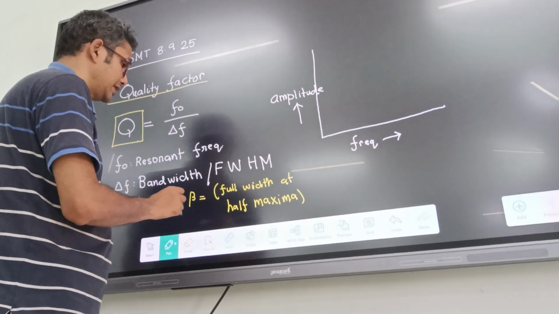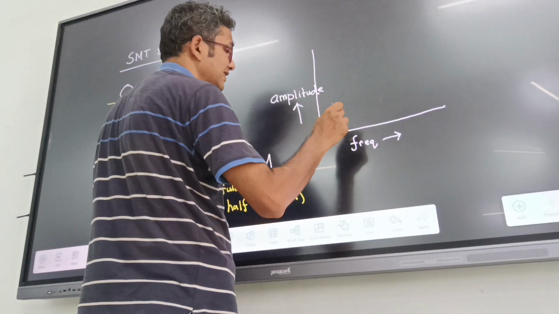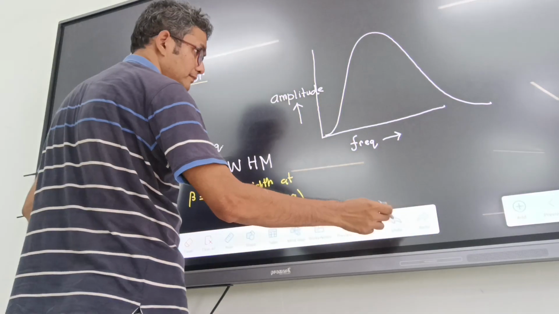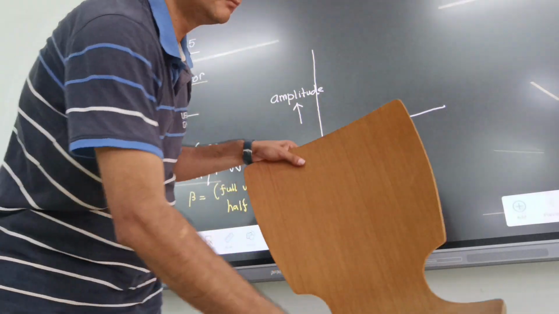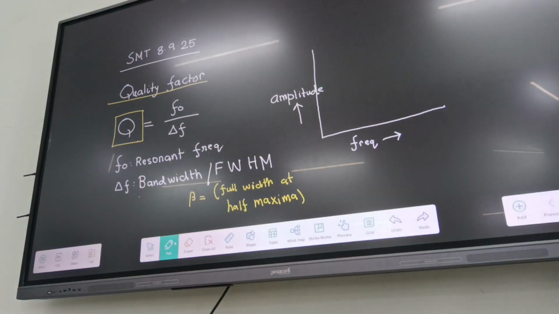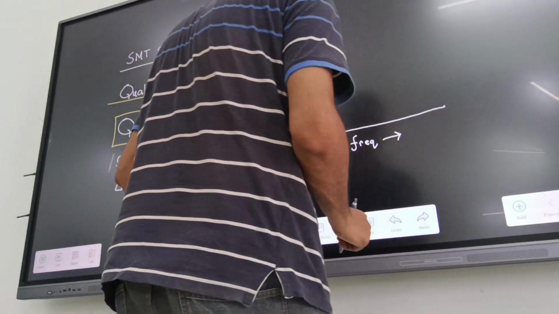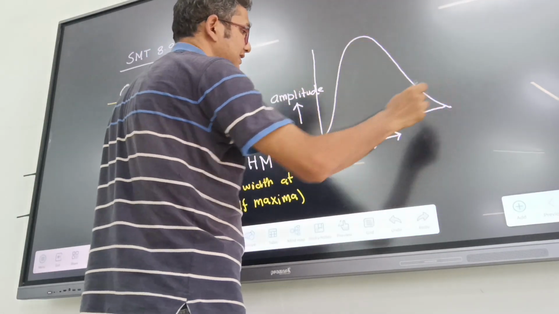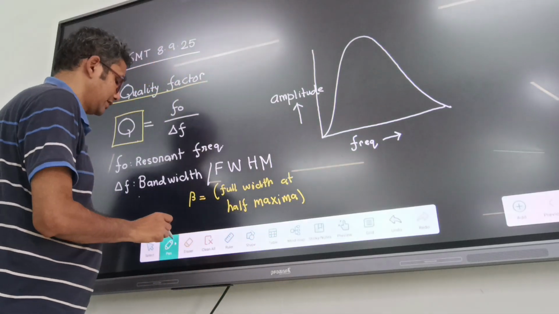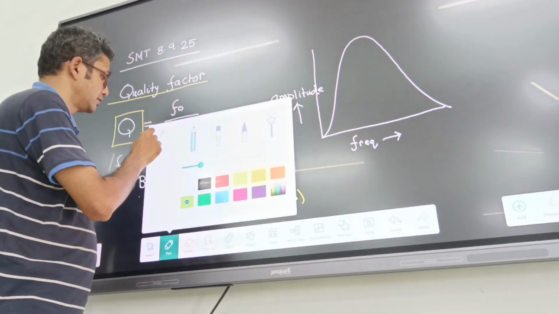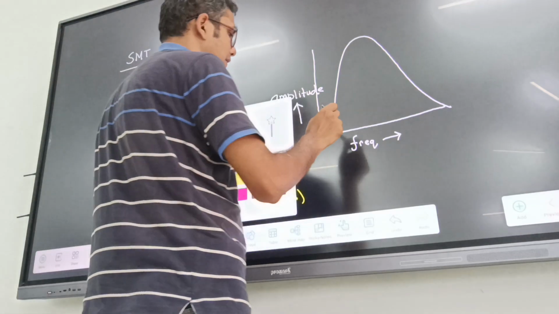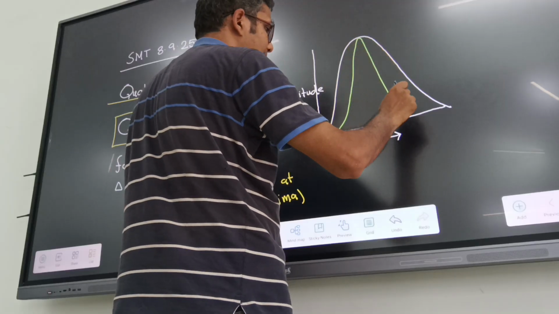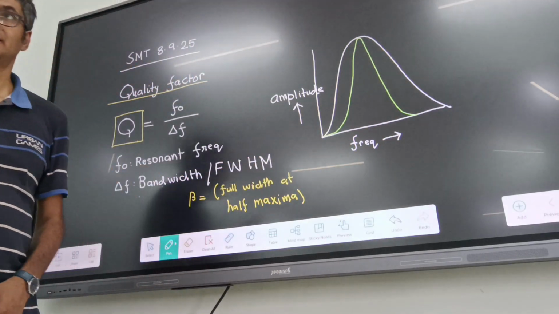One of the sensors is giving you output like this. Another sensor is giving you output like this. There are two outputs.